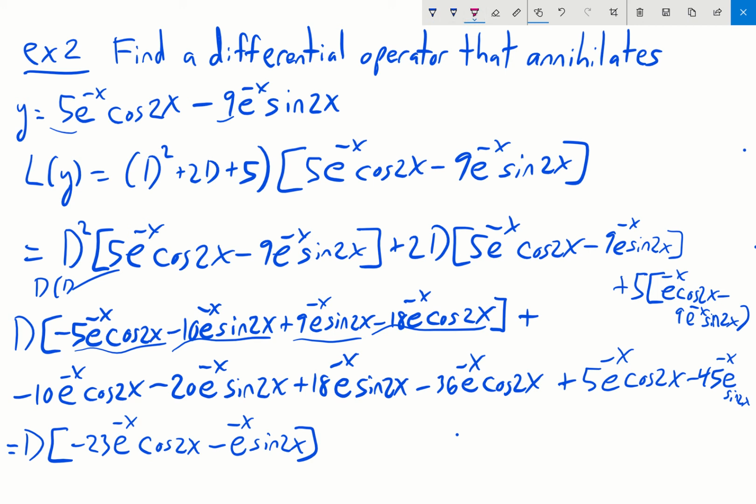So we have a bunch of negative e to the negative x cosine of 2x terms. Let me just highlight those coefficients. We have negative 10, negative 36, and positive 5. That should combine to give us, let's see, negative 46, negative 41 e to the negative x cosine of 2x.